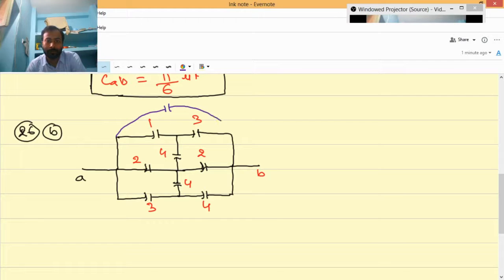So see here how we will be doing is, because of 1 and 3 there will be one equivalent capacitance, that will be 1 into 3 upon 8 only, because the data are similar to the previous problem. So again values will be same.